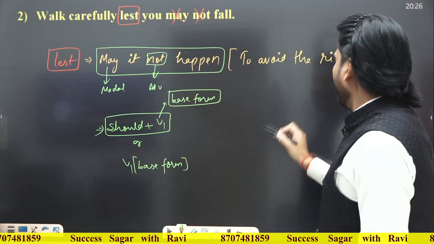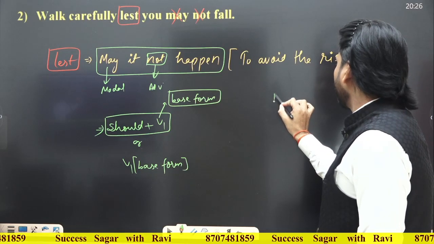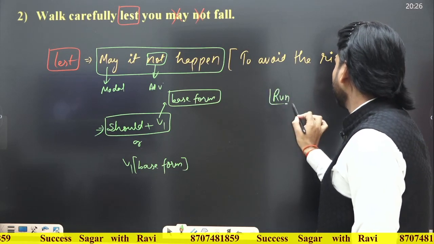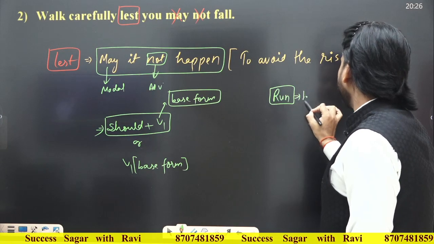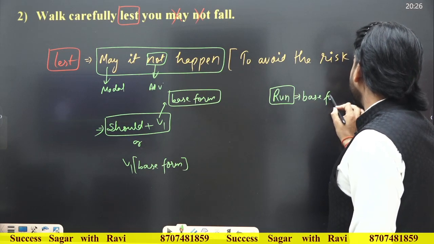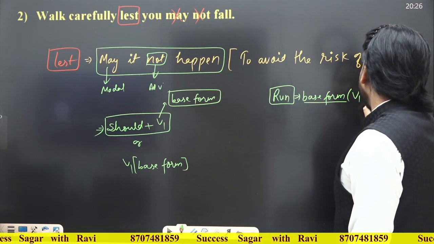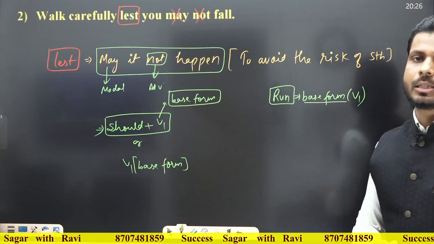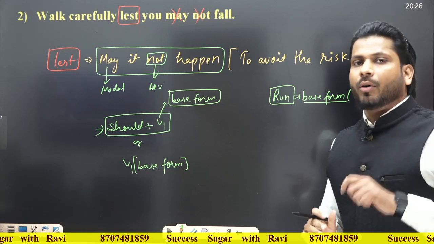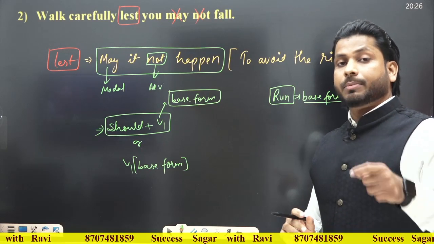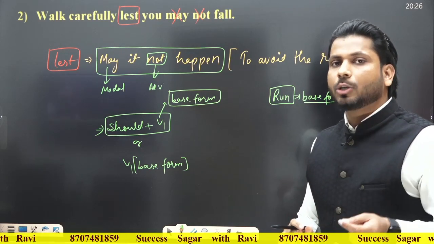What is the base form? If I talk about the use of run, run is an action. This is called the base form. Base form is nothing but the first form of the verb written in its plural form. Every verb written in its base form is considered to be plural.